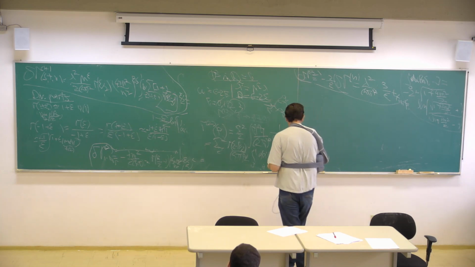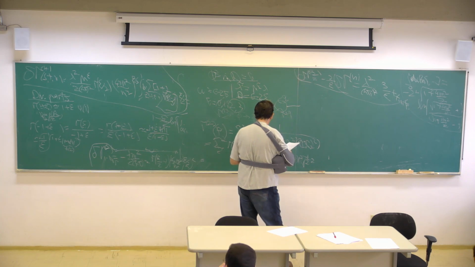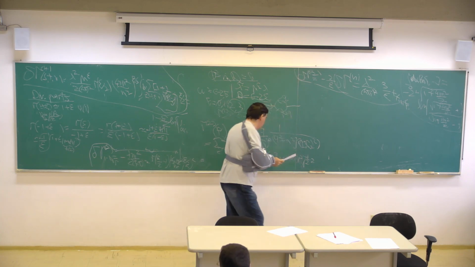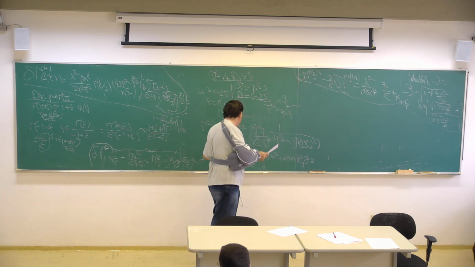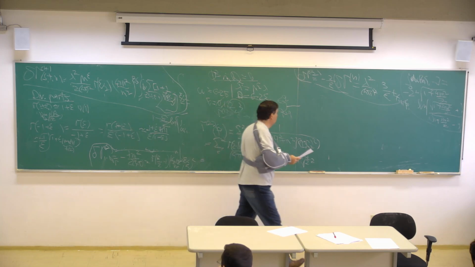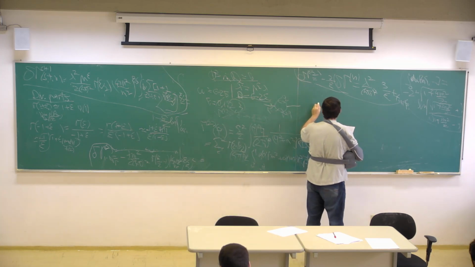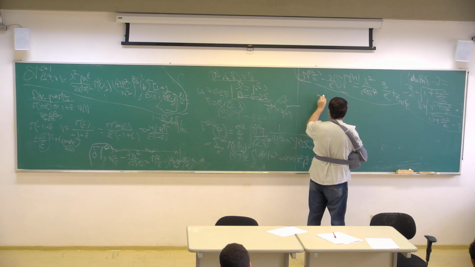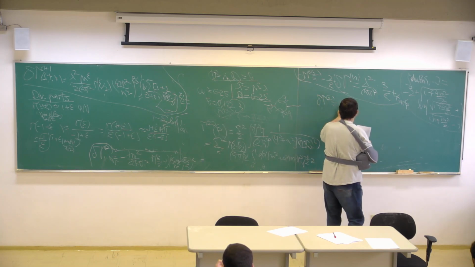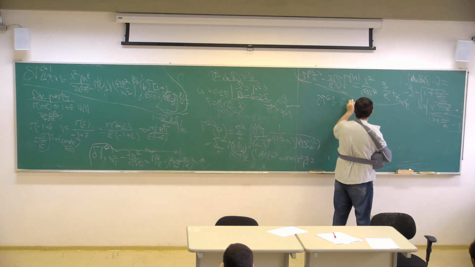I have to take m squared out of the integral, so we'll get an m squared multiplying here. So delta gamma 2 would be lambda squared m squared over 2.